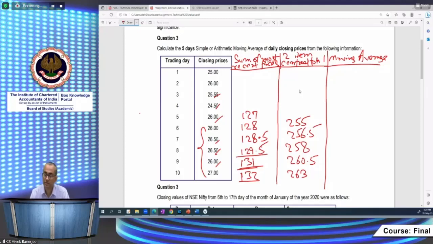Now the moving average. We will divide every item by 5. So 255 divided by 5, 256.5 divided by 5, and so on.